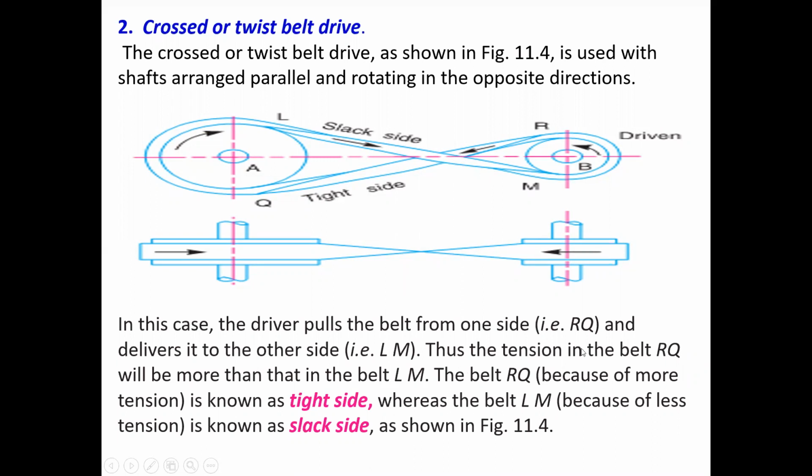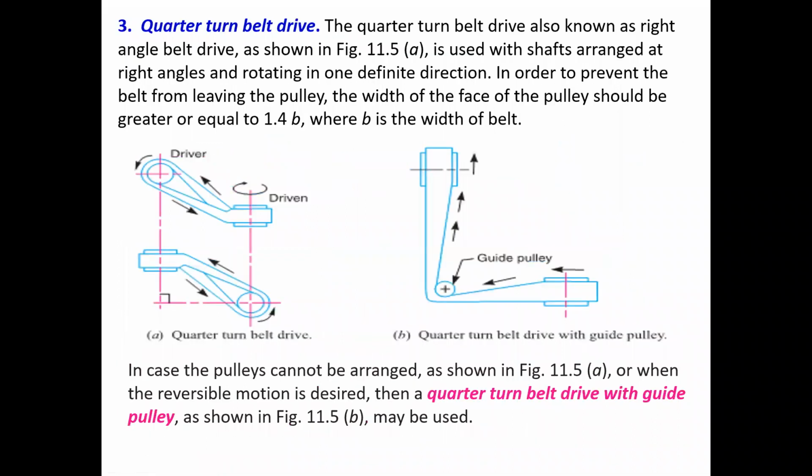Compared with the tensions, the tight side tension is higher than the slack side. That also happens in the cross belt drive and the quarter turn belt drive.